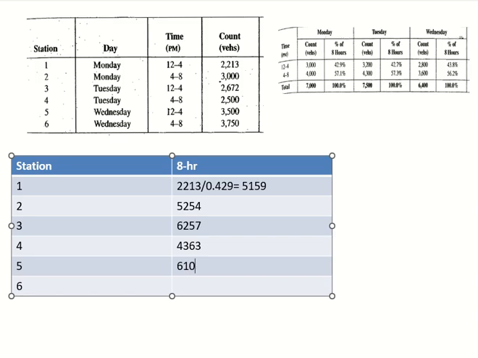6108. 5751. This one, which one? Last one, 5752. 2,500 divided by 0.438, right? 560.